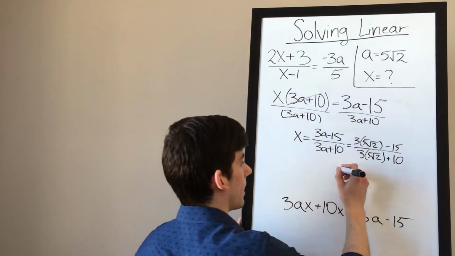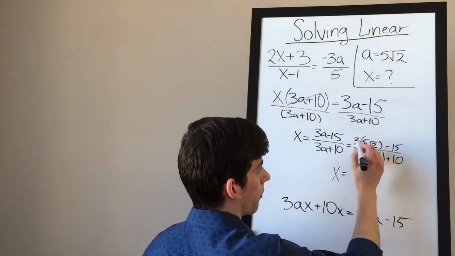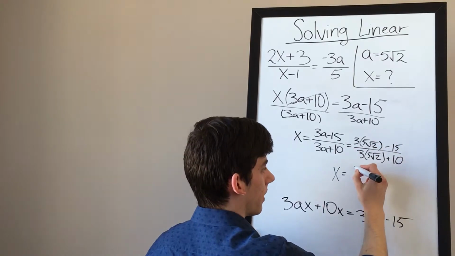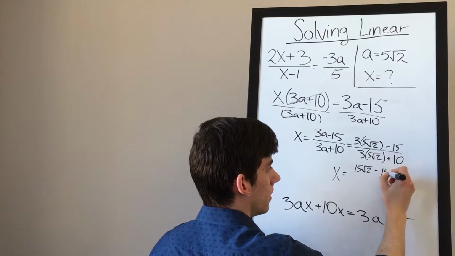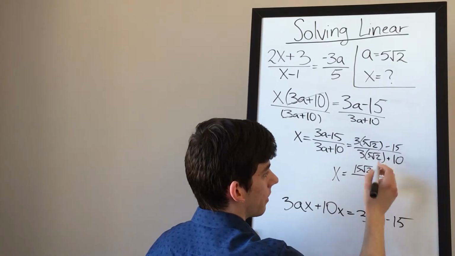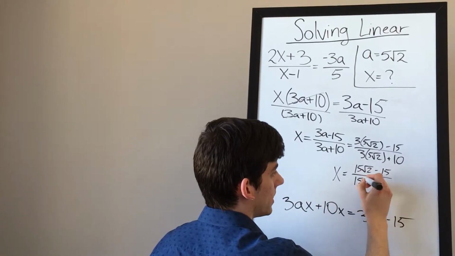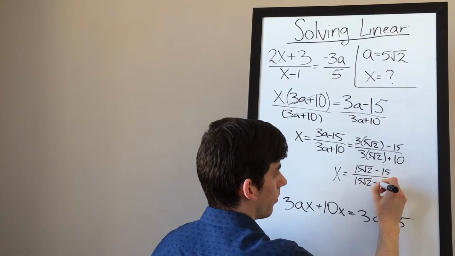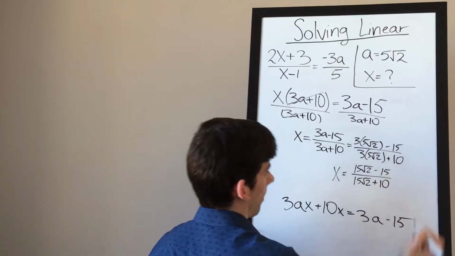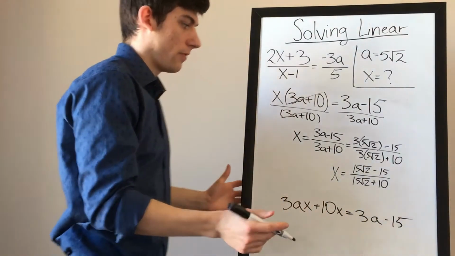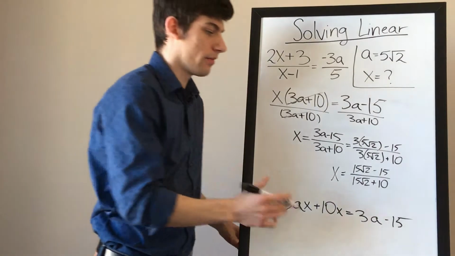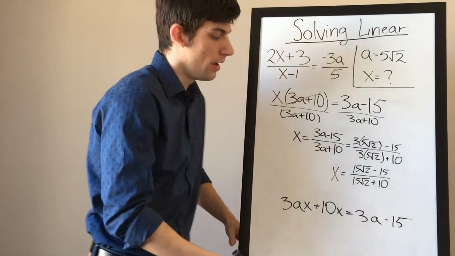So now we can say that x is equal to 3 times 5 times square root of 2, 3 times 5, so 15 times the square root of 2 minus 15. And here we can have, again, 15 square root of 2 plus 10. So this is a perfectly good final answer, but there is actually a way to simplify this just a tad bit further.